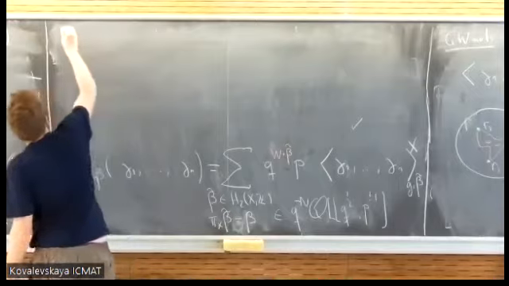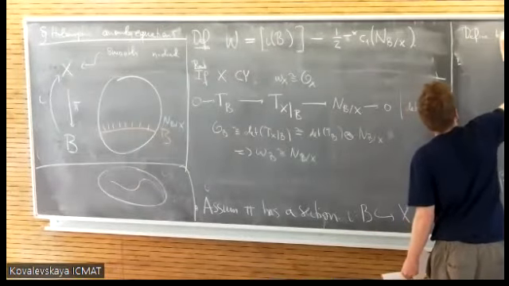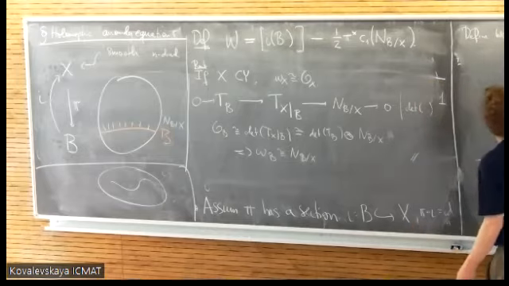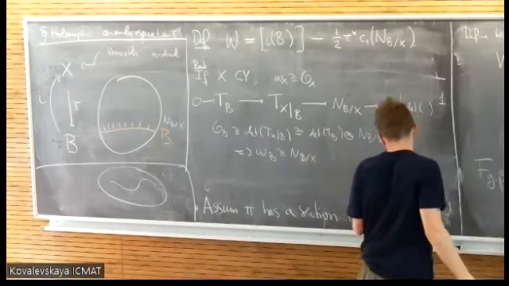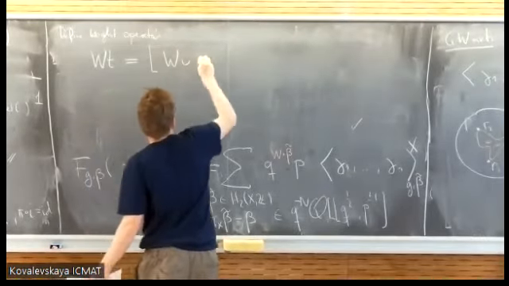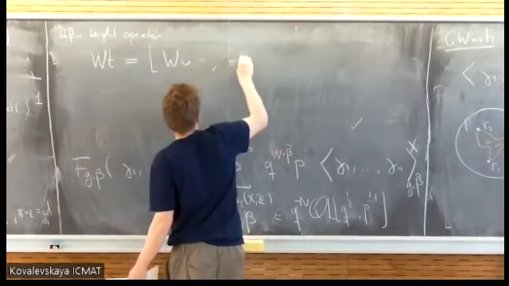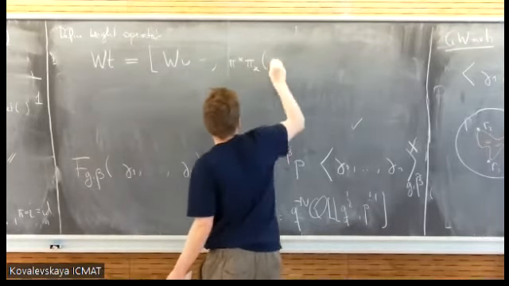The way to do this is to define a weight operator. It is given by the commutator of coupling with this W and pushing forward by the fibration and then pulling back.